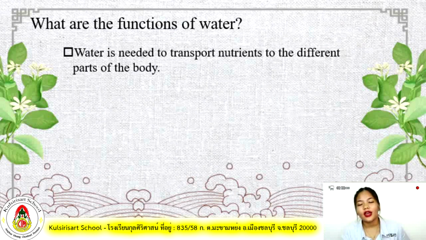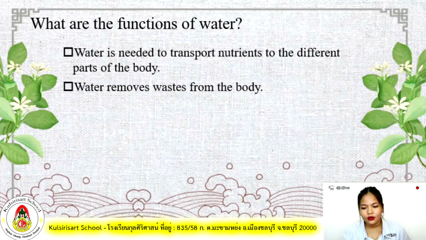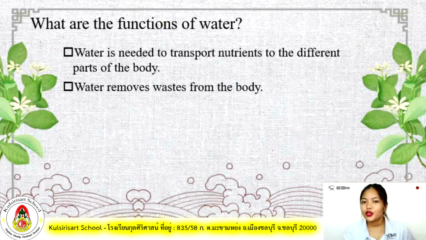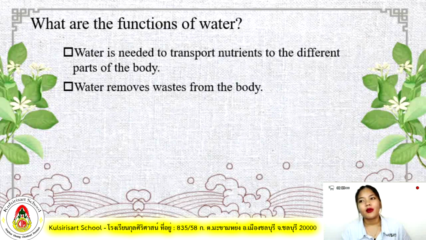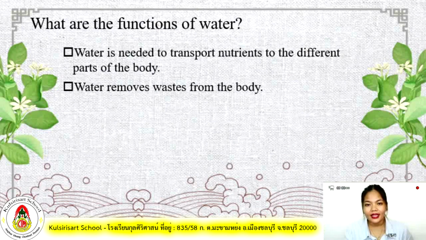Water helps other fluids in our body to be transported to the different parts. Water removes waste from the body. How? Through urination. Remember when you drink a lot of water, you will eventually urinate after some time, and that is one way your body removes waste.